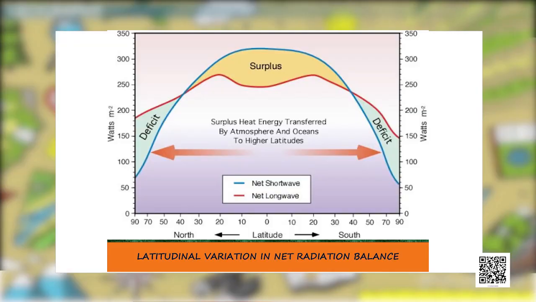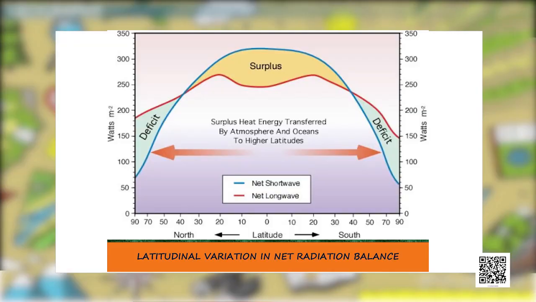This transfer of surplus heat from the tropics, which are energy surplus regions, to polar regions, which are energy deficient regions, is performed by atmospheric and oceanic circulations such as the planetary winds and the ocean currents.